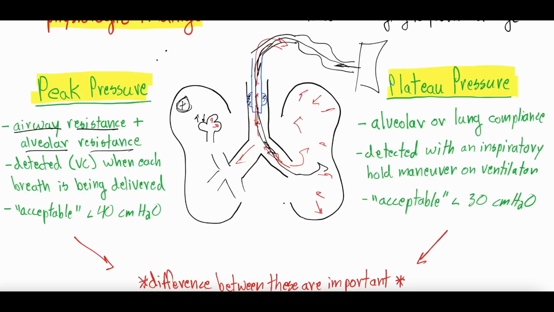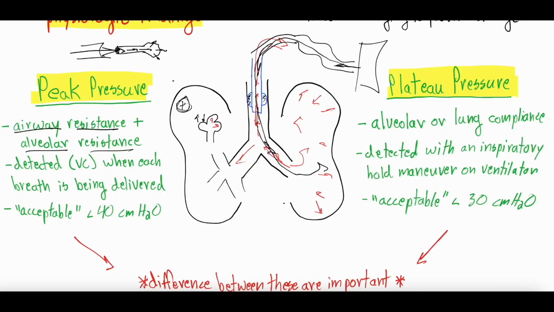Right? If we just make this more simplistic, let's just picture you had a pump, right? Here's your pump. It's got a little nozzle at the end, and that nozzle is plugged into a pipe, right? And then there's a balloon on the end of that pipe. The peak pressure would be the pressure it takes you to pump a breath through this pipe into the balloon and then start to inflate the balloon.